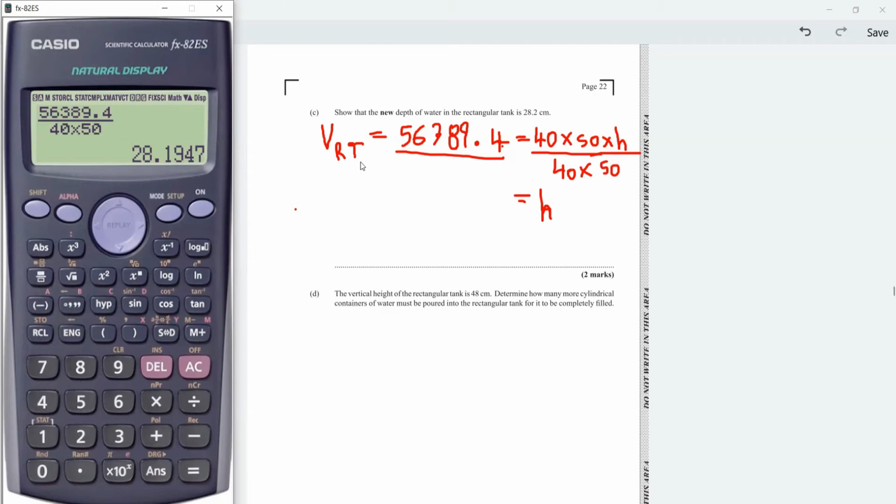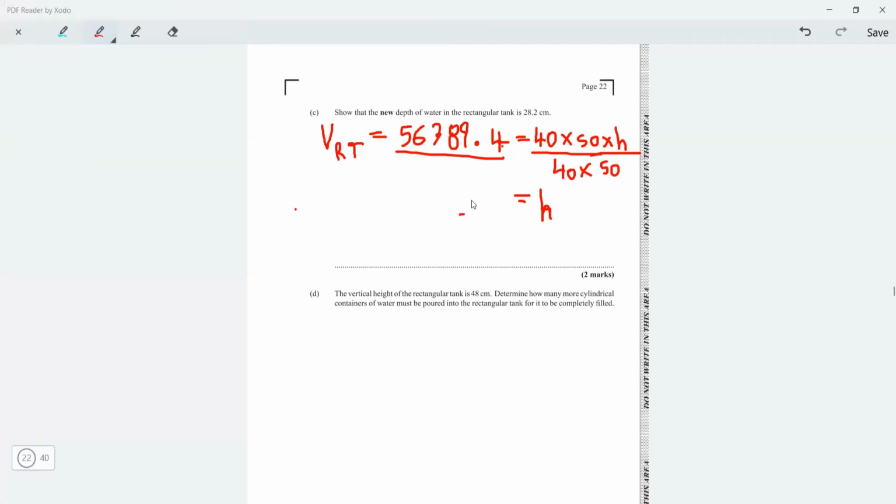I'm going to round it off. So h is indeed 28.2.